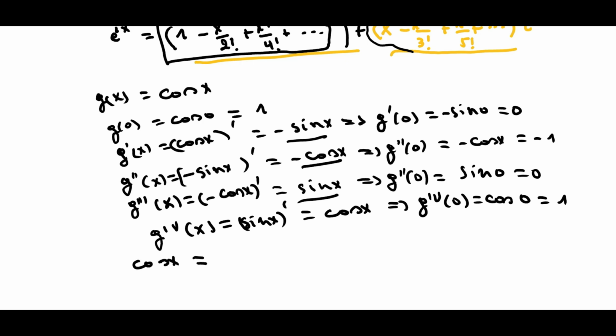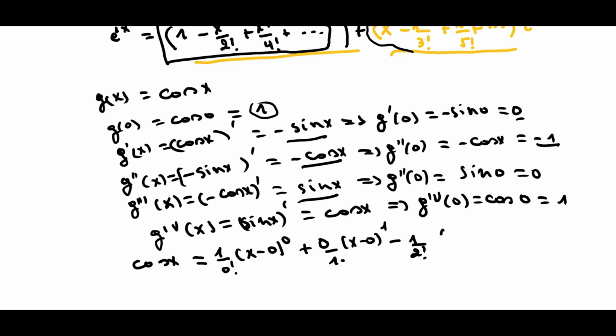It will be equal to this number 1, that is 1 over 0 factorial times (x minus 0) power 0, and then plus 0, we have 0 here, plus 0 over 1 factorial times (x minus 0) power 1, and minus 1 over 2 factorial times (x minus 0) power 2.